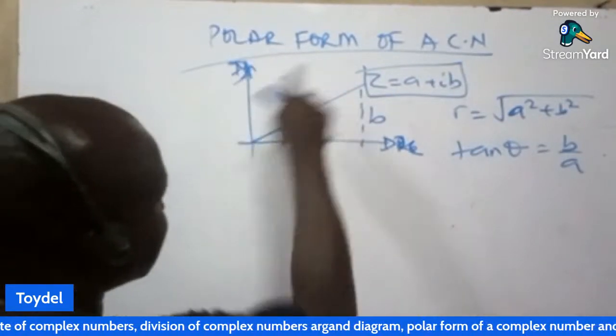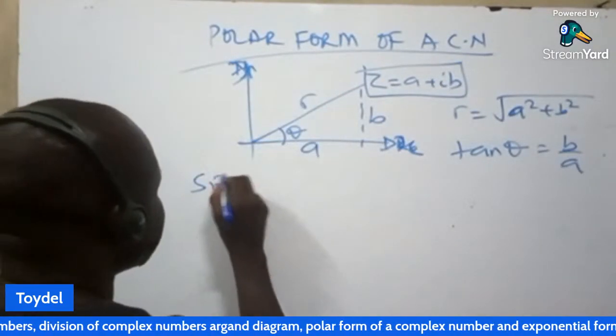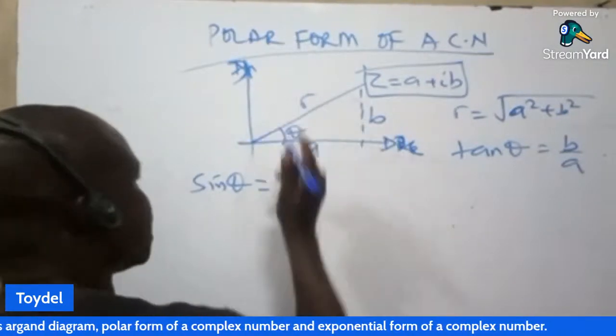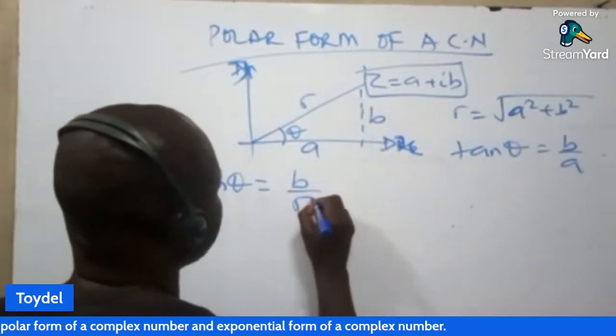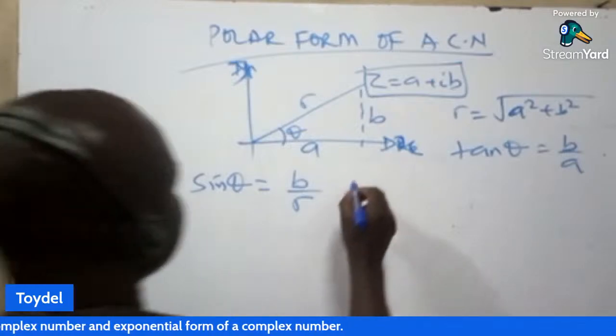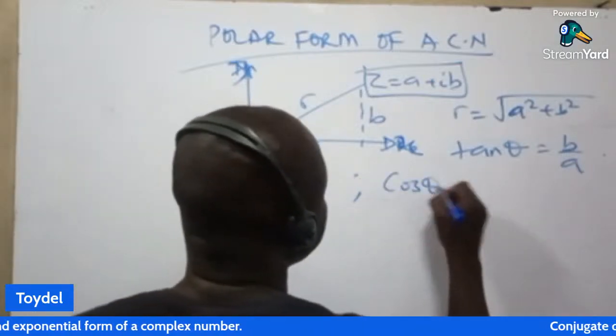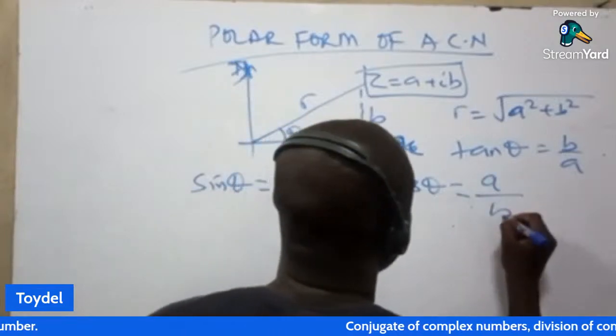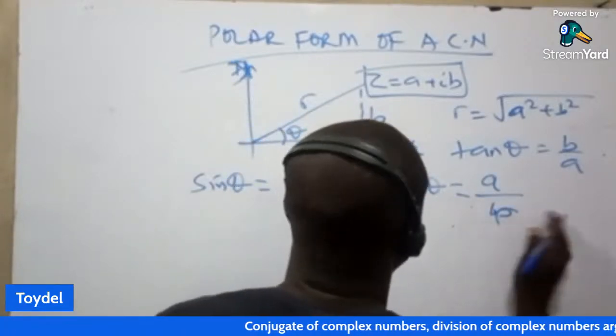When we look at this diagram very well, sine theta will be opposite all over hypotenuse, that is b all over r. Then cos theta will be adjacent all over hypotenuse, that is a all over r.